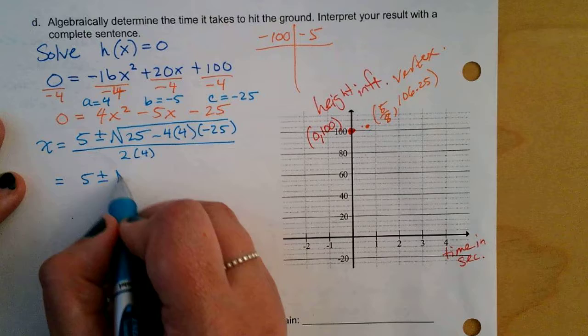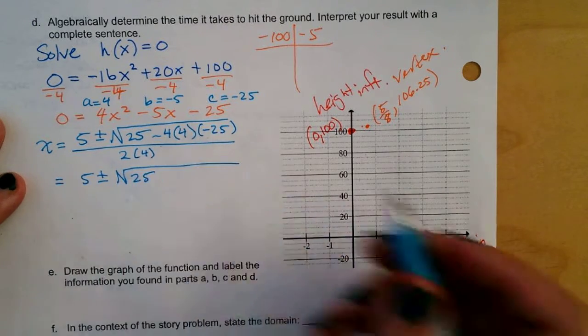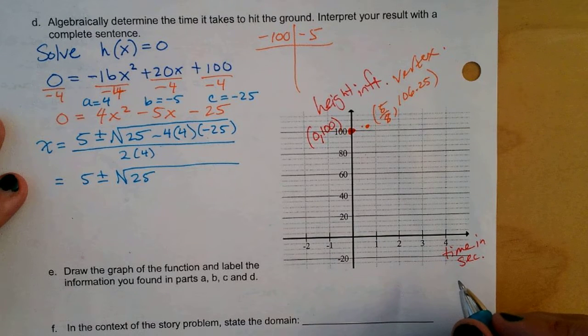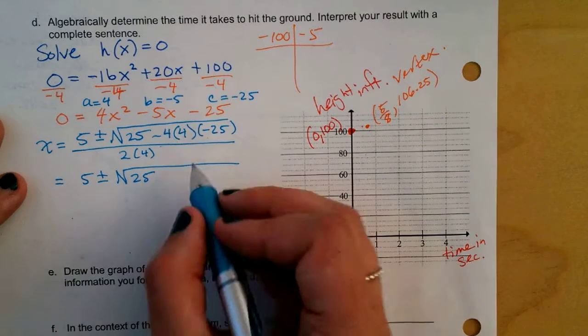5 plus or minus the square root of 25. And then what's all that? 8 times 25, isn't that 200 plus 200? Am I right? Or maybe this was factorable, actually. Are you guys paying attention? Am I doing this right?